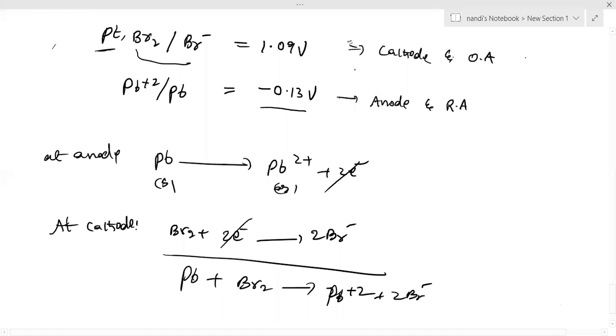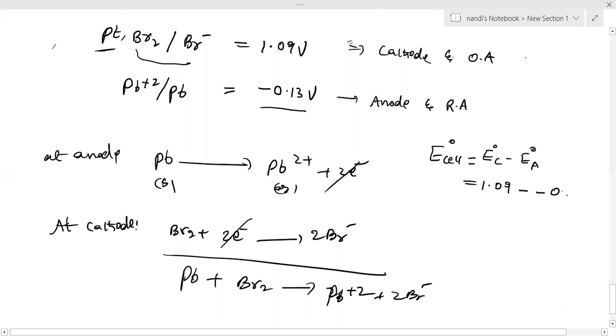What is the E cell value? E naught cell value, how much? What is the formula? E naught cathode minus E naught anode. Which is the cathode? 1.09 minus 0.13.